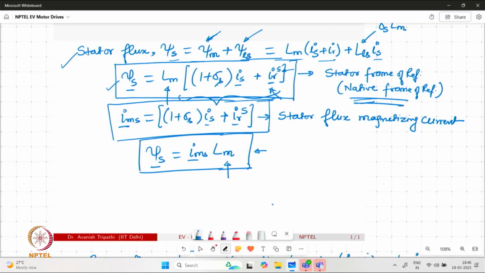Altogether, we are coming up with a term which is combination of stator and rotor current and stator leakage coefficient, and this term is basically defined as the stator flux magnetizing current i_ms. And we are saying the stator flux is nothing but product of magnetizing inductance and stator flux magnetizing current. So this simplifies the representation of stator flux in the induction machine.